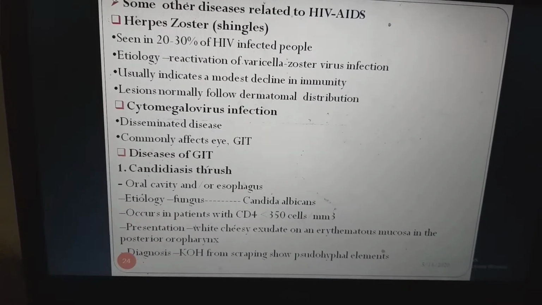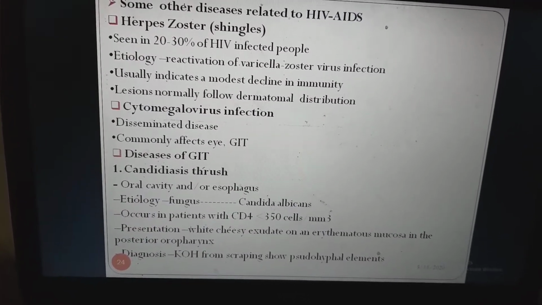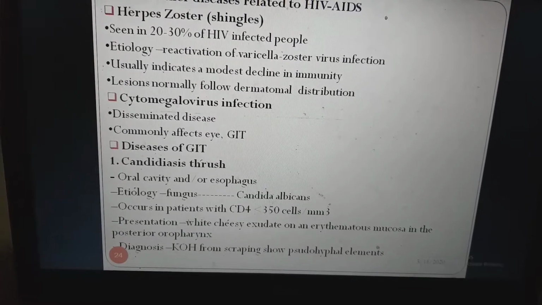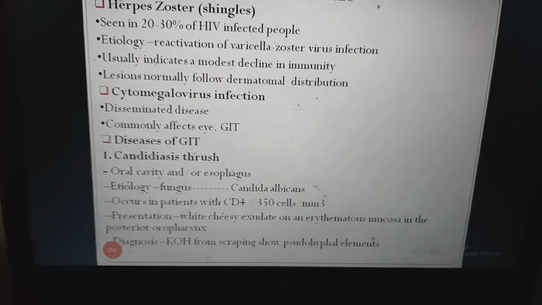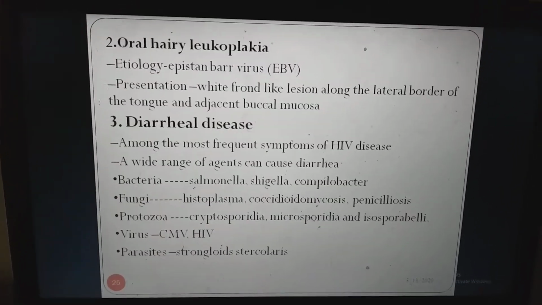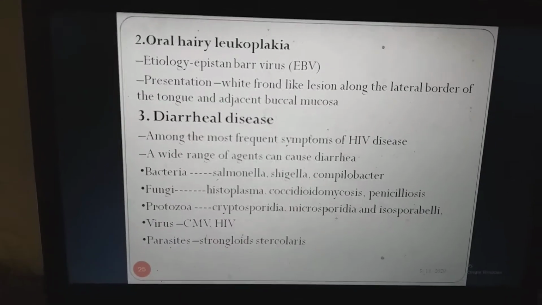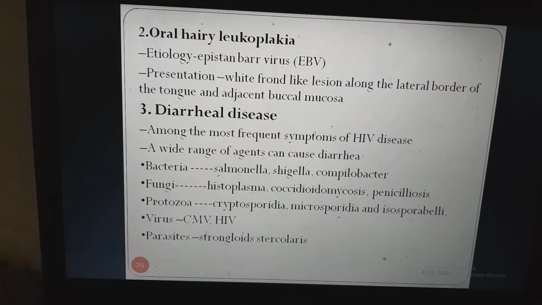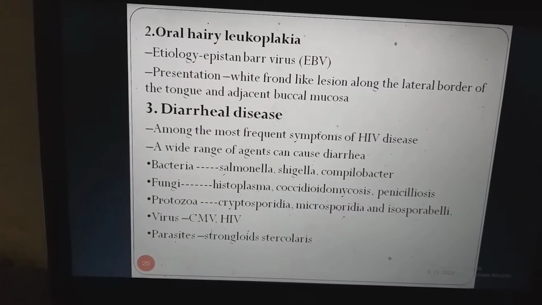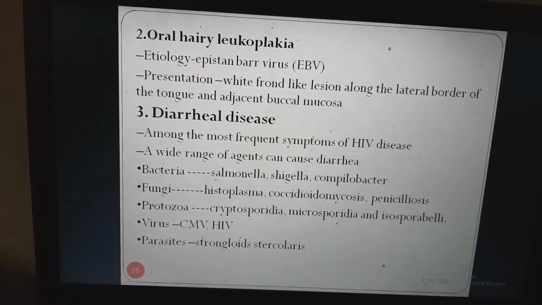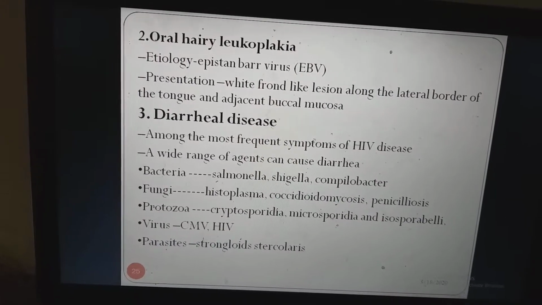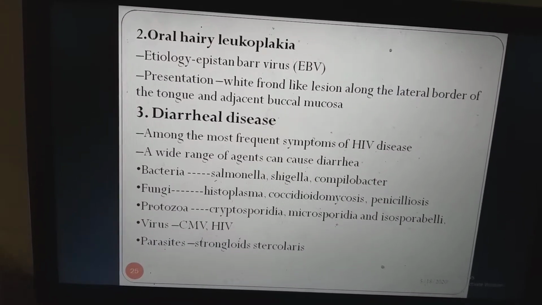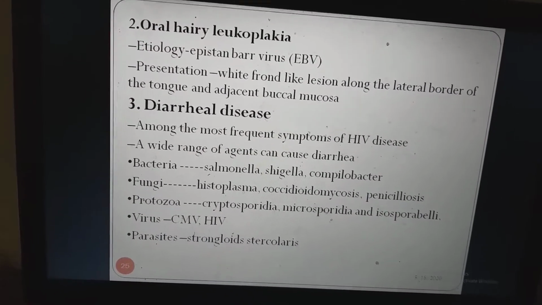Diagnosis: KOH from scrapings shows pseudohyphal elements. Oral hairy leukoplakia. Etiology: it is caused by Epstein-Barr virus and its presentation is a white frond-like lesion along the lateral border of the tongue and adjacent buccal mucosa.